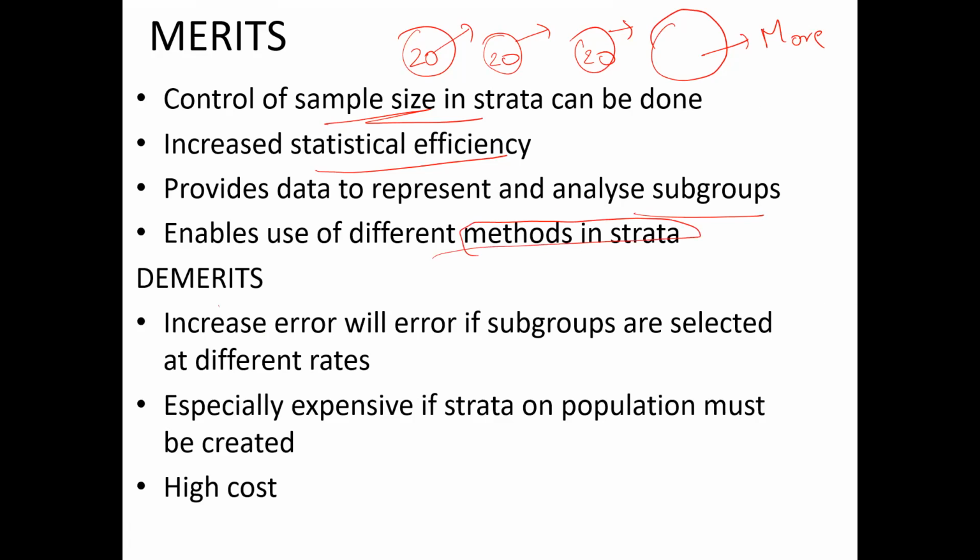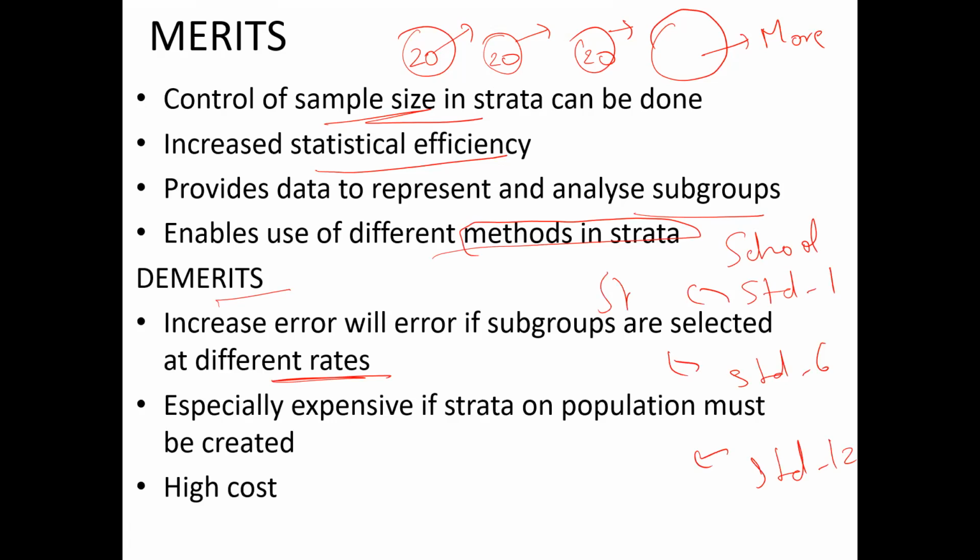Okay, the demerits are increased error if subgroups are selected at different rates. Yeah, for example, now I select a school. In that I select standard 1, standard 6, and standard 12. These are my different strata, and from them randomly I select 20 people, 20 people, and 20 people.